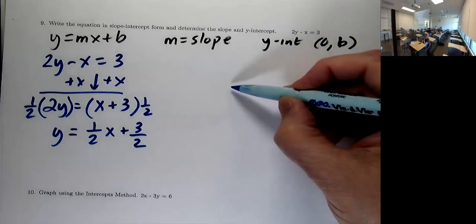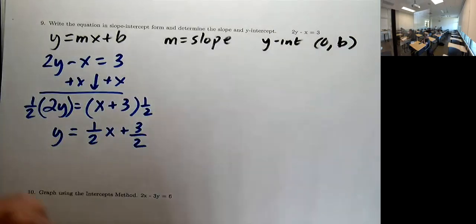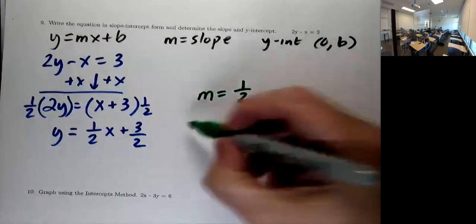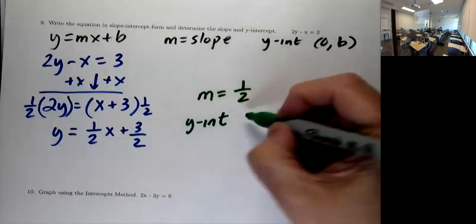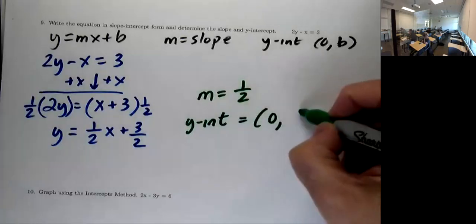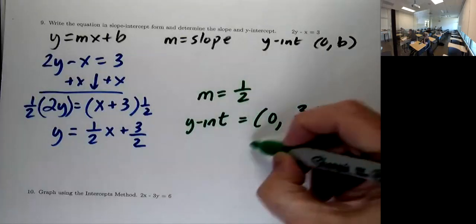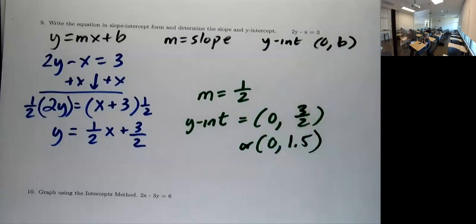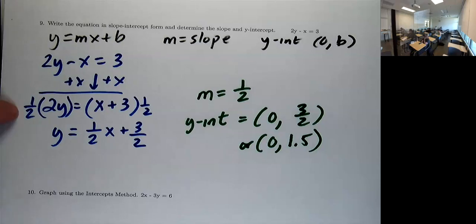Which means the slope is 1/2, and the y-intercept is (0, 3/2), or you could do (0, 1.5) if you put it in a calculator. Decimal works. Where did you get the 1/2? Multiplying by 1/2 is the same thing as dividing by 2.